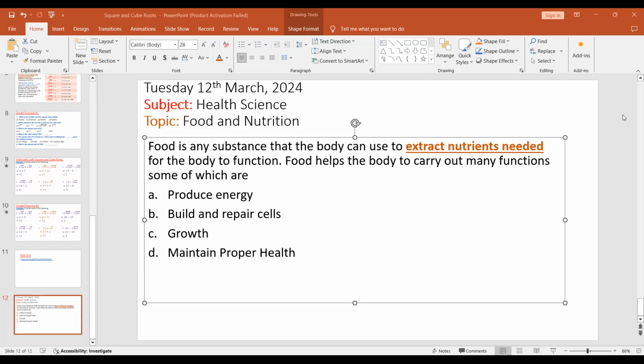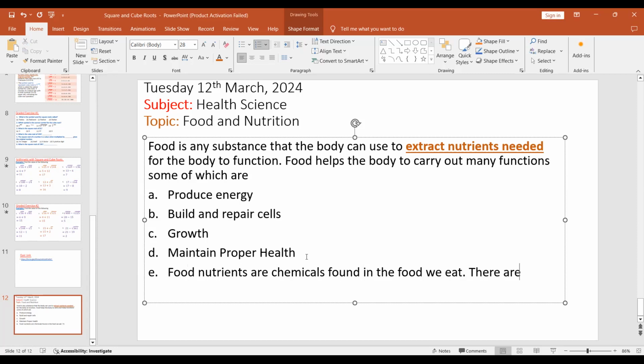So let's continue with this. Food nutrients are chemicals found in the food we eat.